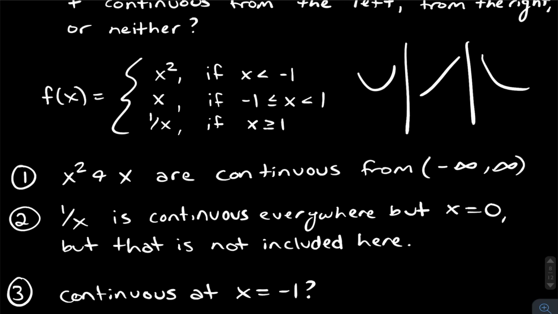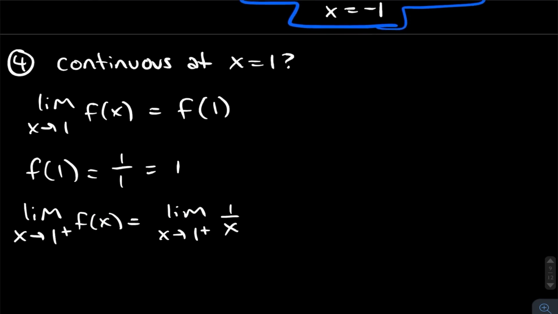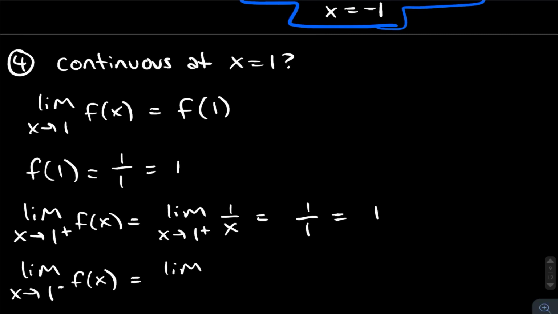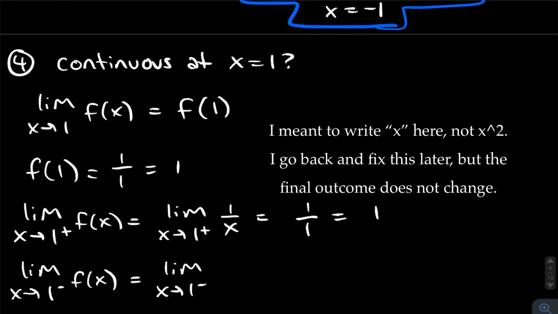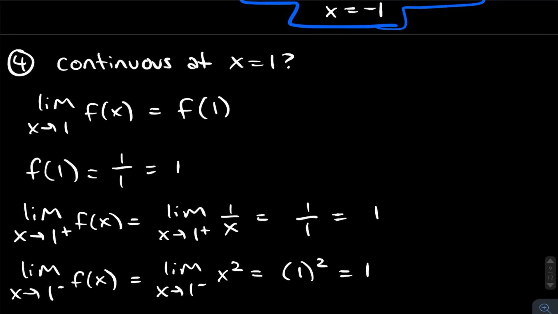And so from the right-hand side, I mean, it's going to agree. However, from the left-hand side, now we're dealing with that x squared, right? We're dealing with x squared. And so we have to see, well, when we plug in 1 here, do we get 1 again? And that answer is yes.